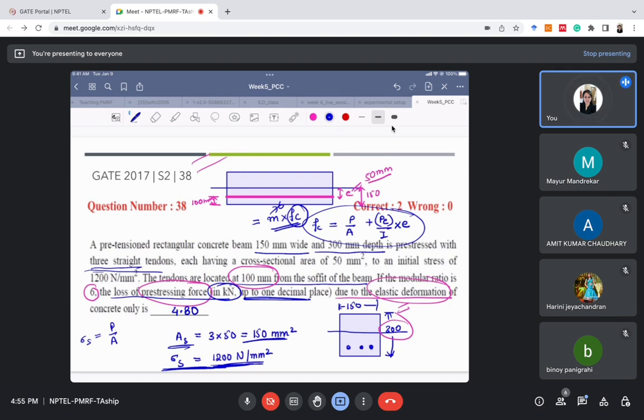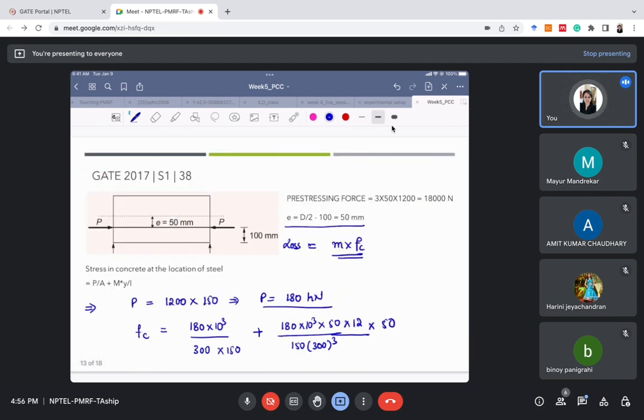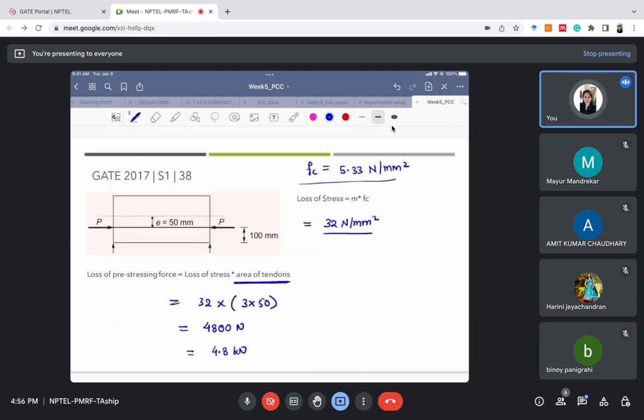So if we are asked to find the loss in the pre-stressing force, we first calculate the loss of stress in the tendons, and then we calculate the loss in force in the tendons. Since we need the loss in force in tendons, we multiplied the stress by the area of the tendons to get the force. Force is stress into area, right? That is why. Any other question, or is it clear?